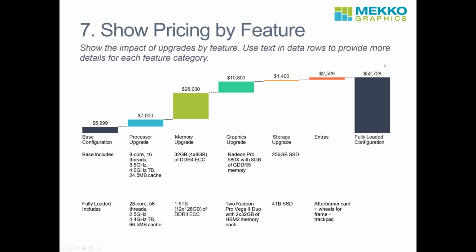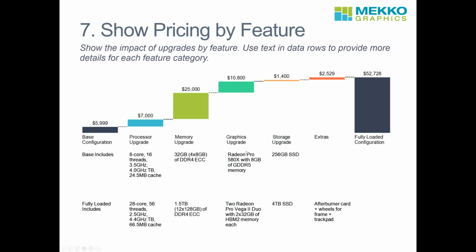Believe it or not, the most expensive fully loaded Mac desktop costs a little under $53,000, almost as much as a year's tuition at a private nonprofit college from the last slide. That number blew me away, and I wanted to understand what made up that cost, and display that graphically. So I'm building up to that cost from the base configuration, adding the processor upgrade, the biggest component, the memory upgrade, graphics upgrade, storage upgrade, and other stuff.